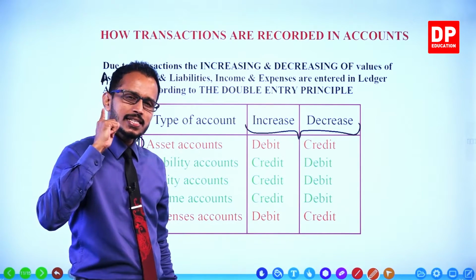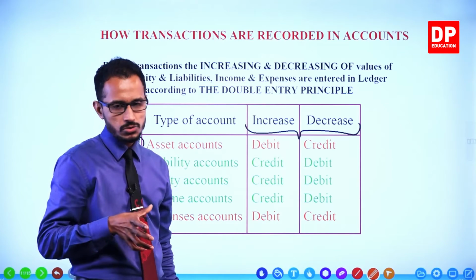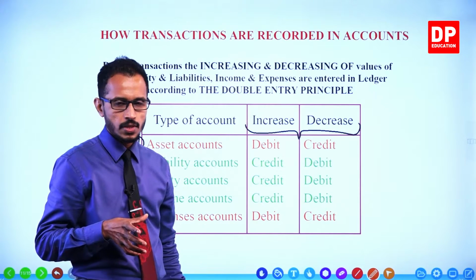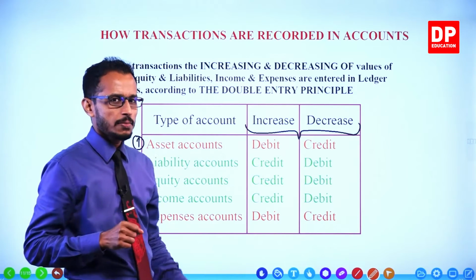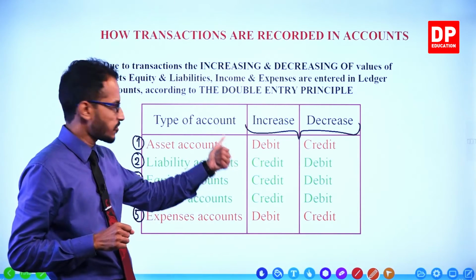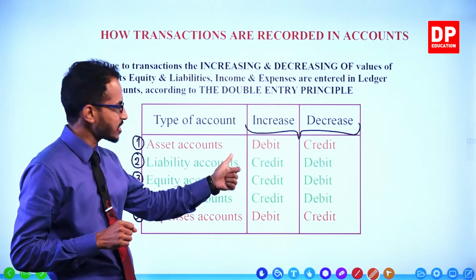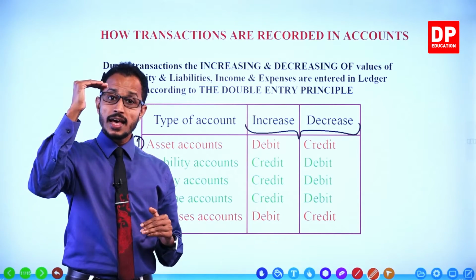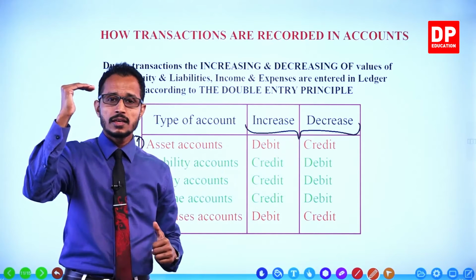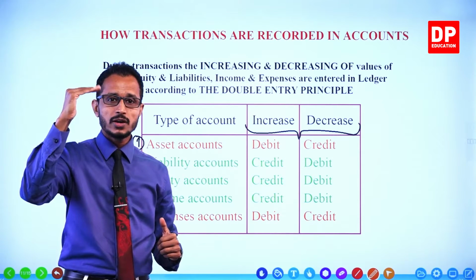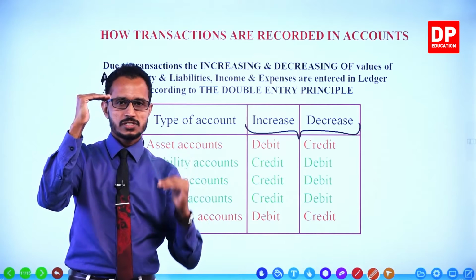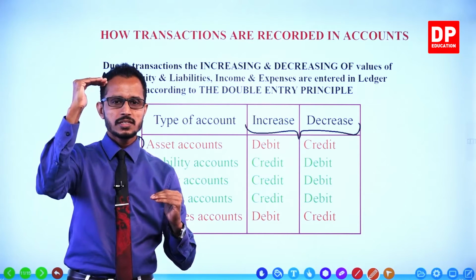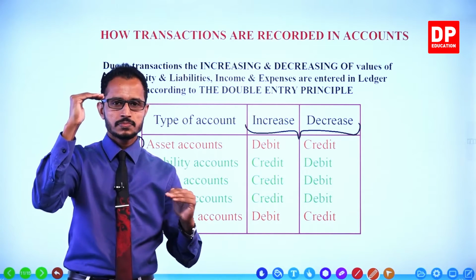Different types of accounts, children, have a specific side to record an increase and a specific side to record a decrease.